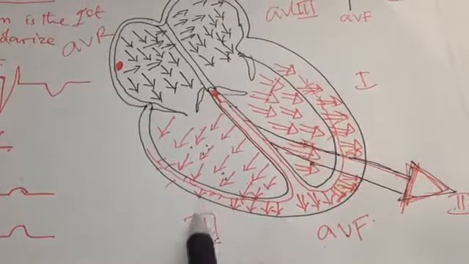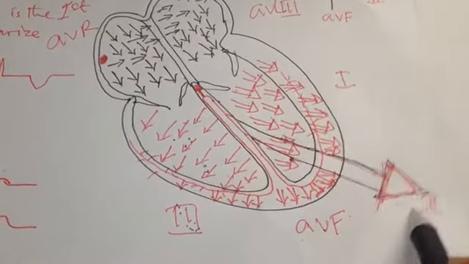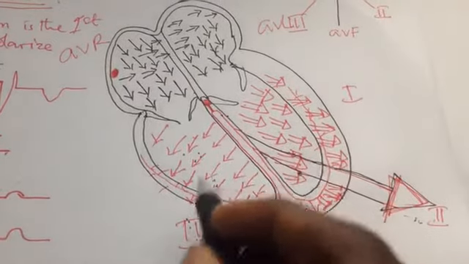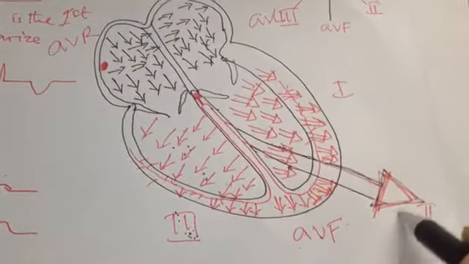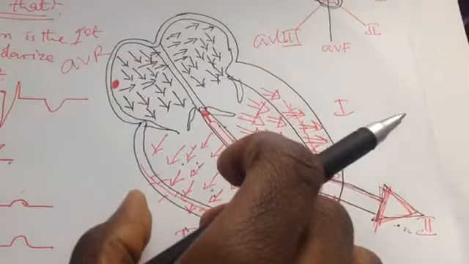So definitely lead 3 is going to be very tall, taller than lead 2. Lead 2 is now going to be as short as the normal lead 3, and lead 3 is going to be as tall as the normal lead 2, because now this is going to shift to the right side. That is called right axis deviation.